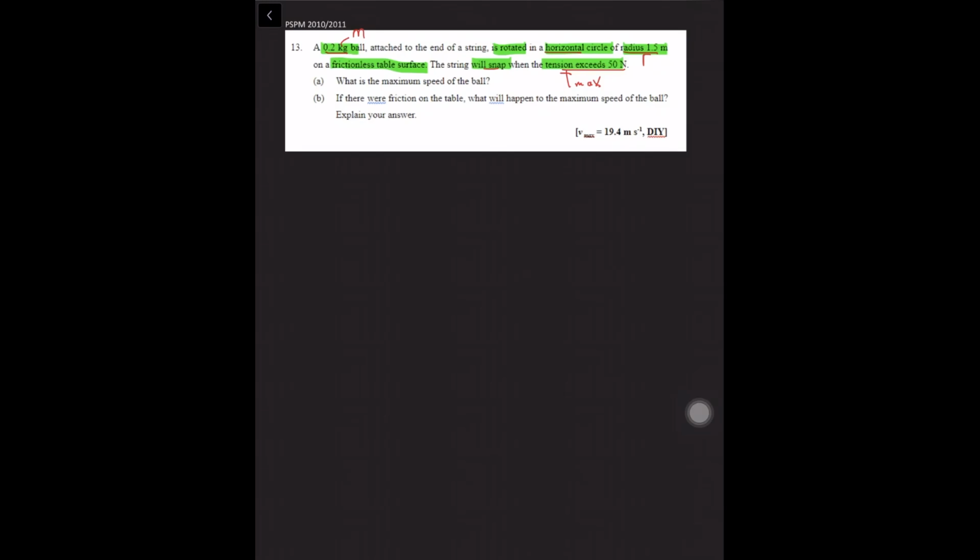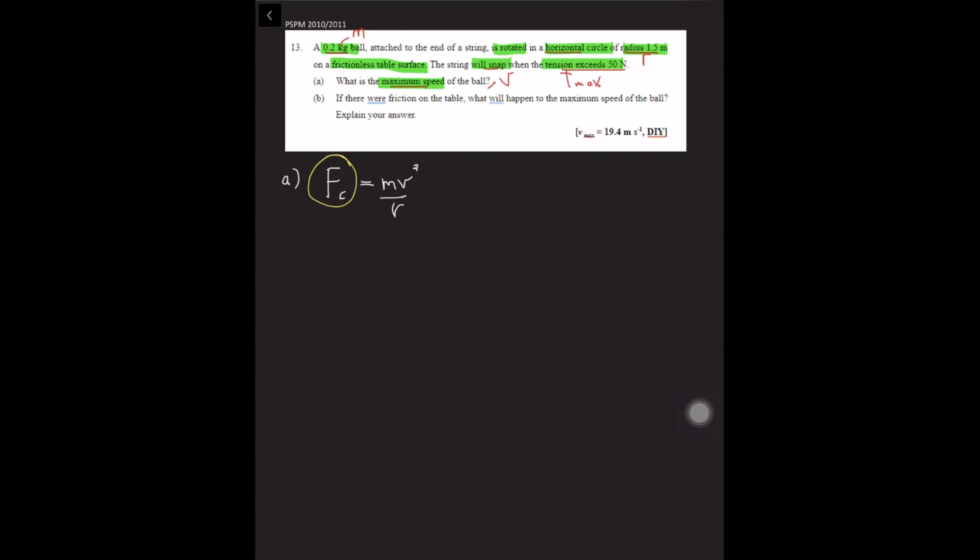The first question: what is the maximum speed of the ball? For the maximum speed of the ball, we are going to find v, right? So, how do we find v, the speed? From the equation of centripetal force, F_c equals m v squared over r. What is F_c? F_c is the centripetal force, and the meaning of centripetal force is the net force required by an object to move in circular motion.